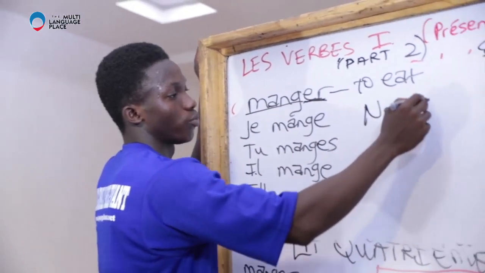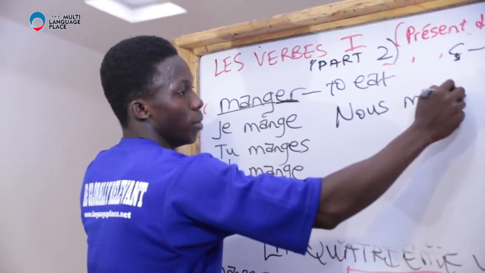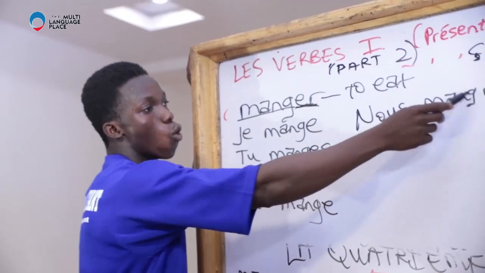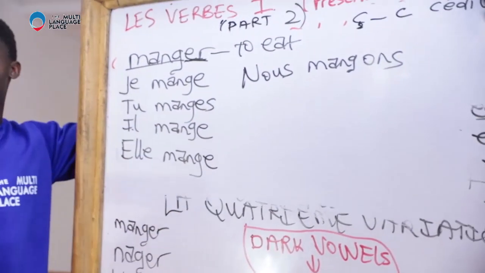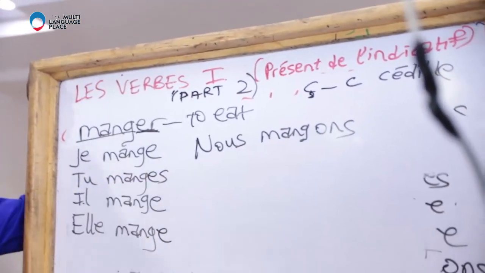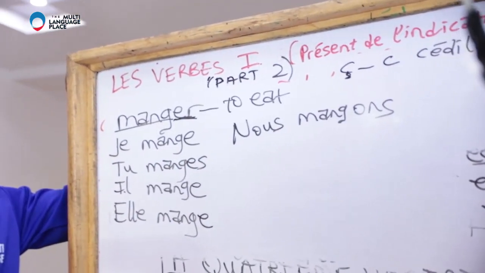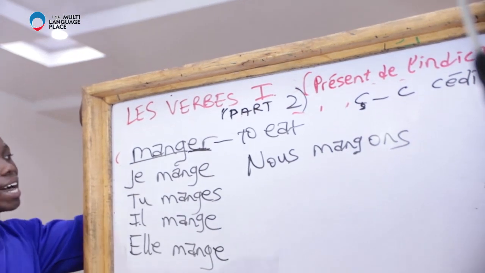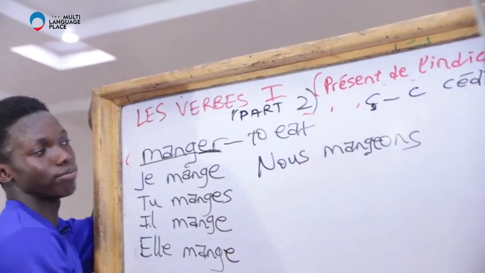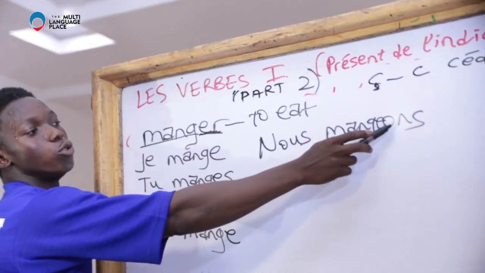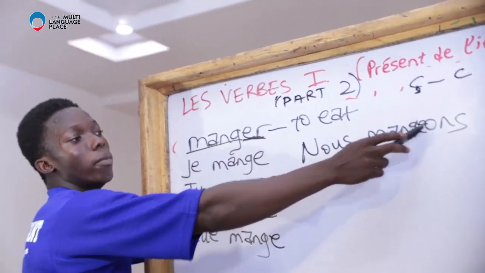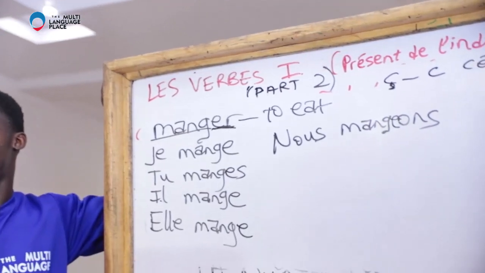Maintenant, for nous. Remember, I said O is a dark vowel and it makes us pronounce G as G. So this would be pronounced as nous mangons, and that is what we don't want. So we add E here. In this case, E has come in between O and G. So this is no more mangons, but mangeons.